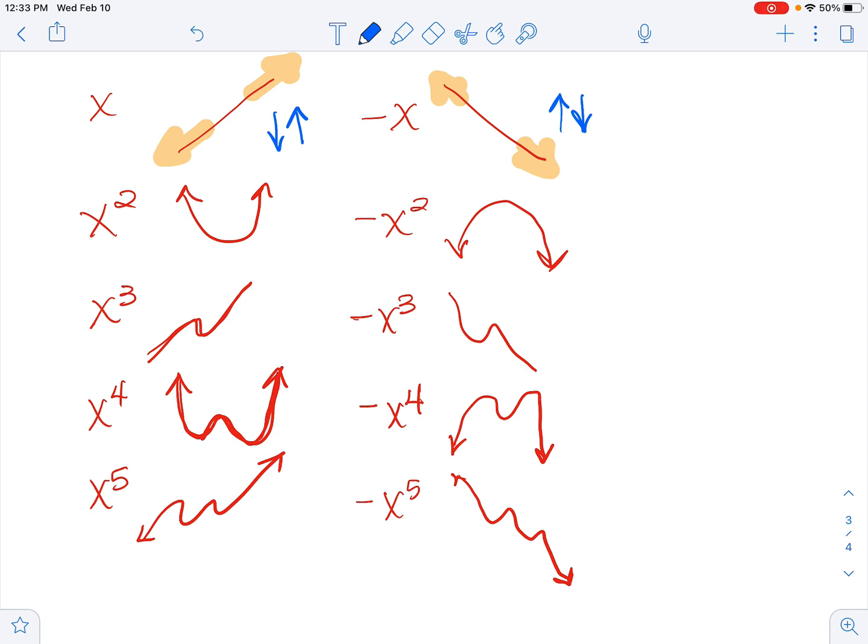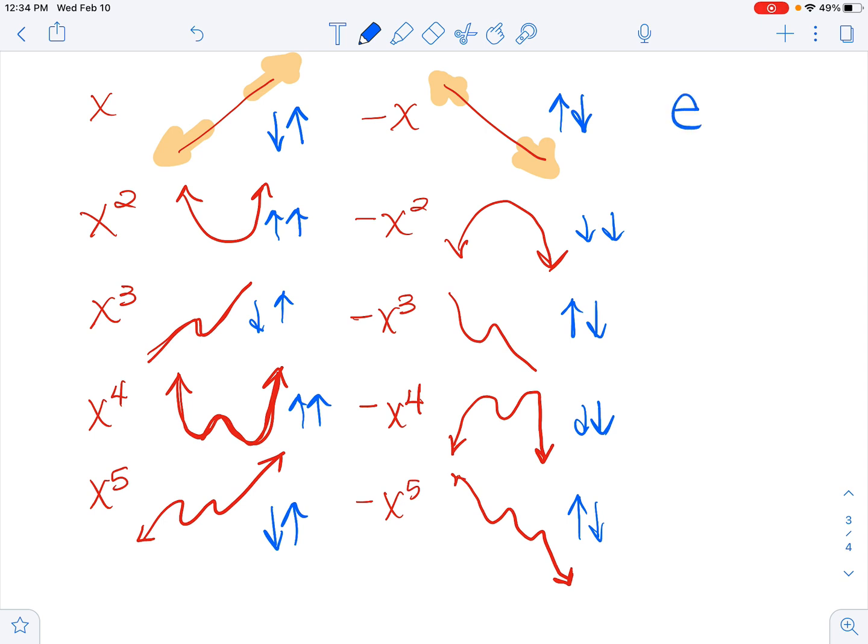For quadratic, you can see that they both go up, up. And for the negative quadratic, they go down, down. Cubic, again, it's going to be down, up. And then up, down. Up, up. Down, down. Down, up. Up, down. Wait, there's a pattern here. Yes, there's a pattern here.